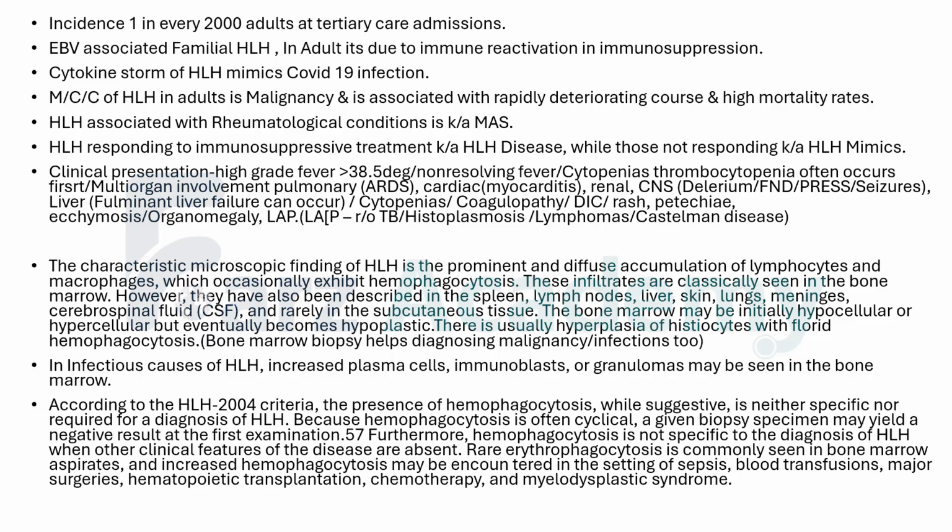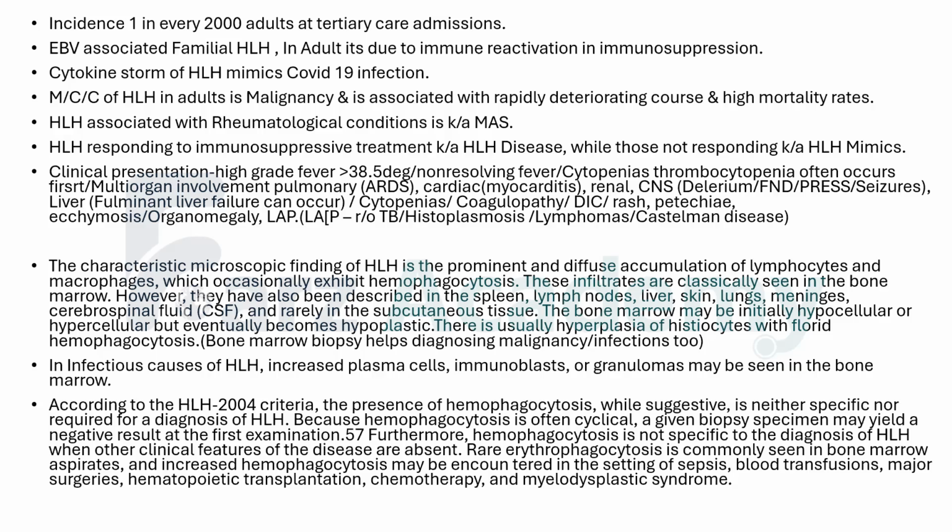The characteristic microscopic finding of HLH is that you'll get hemophagocytes, but it's again not very specific. And these infiltrates may be seen in other places, so you don't always need to do a bone marrow study.